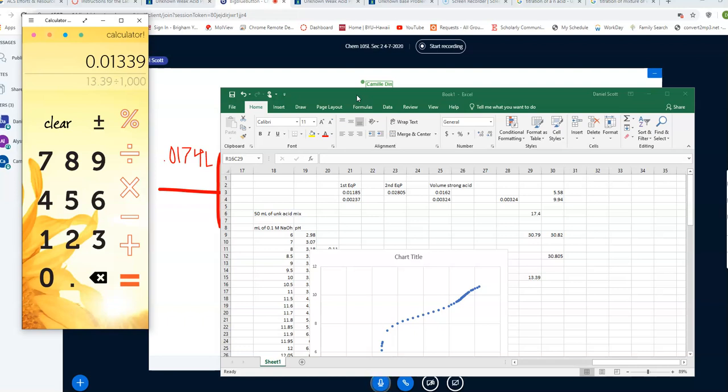Divided by 1,000 to get it into liters if you want to. 0.01339. What's that value? The volume. 0.01339, is that what you said? Or 13.39. Oh, right. Yeah, okay. All right, so that's right. I'm going to write it in my notebook so I don't have to use that thing.